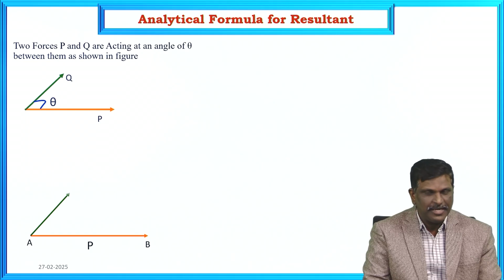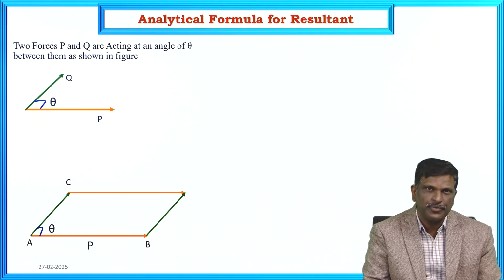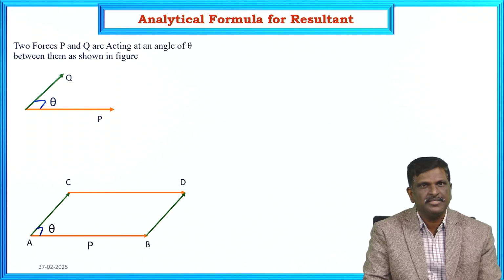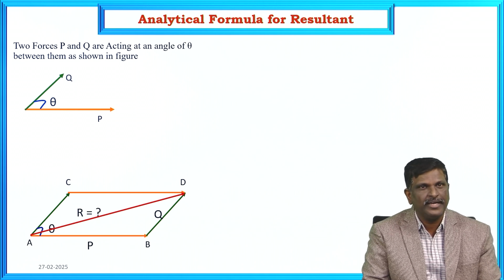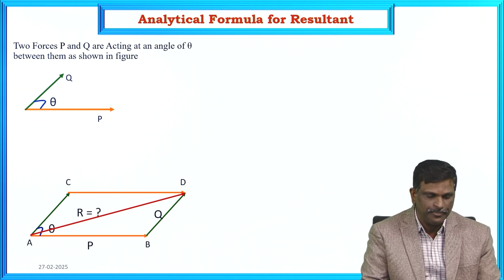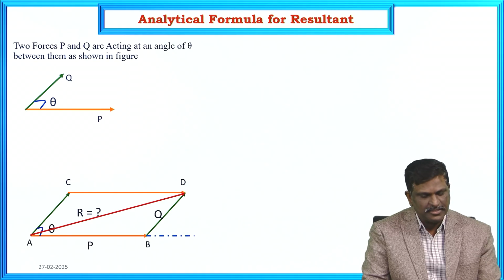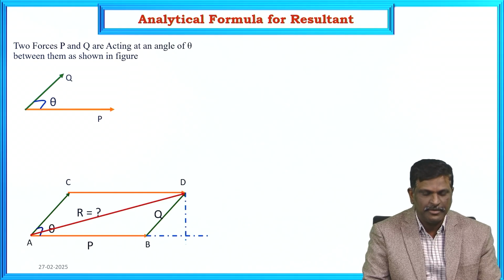So, the AB line is representing P and the AC line is representing Q. Construct the ABCD parallelogram. Now, AD, which is the diagonal, will represent the resultant. To find the formula for the length of AD, simply extend the line AB horizontally and drop a vertical line from D to intersect the horizontal line at E.